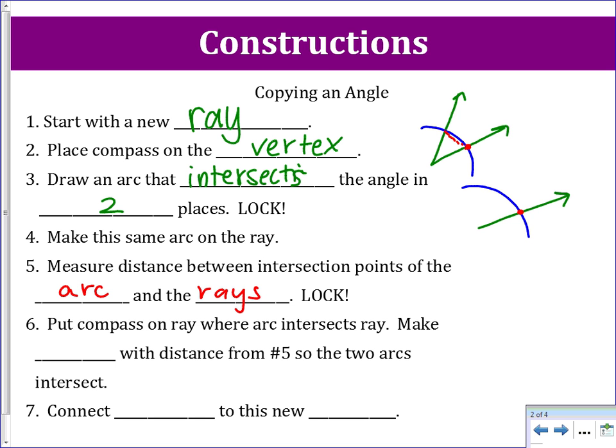And then you make an arc with the same distance from step 5. You're just copying the invisible segment down to your angle. From there, you are going to connect that intersection to the new vertex of our new angle, and that will be your new ray for your congruent angle.